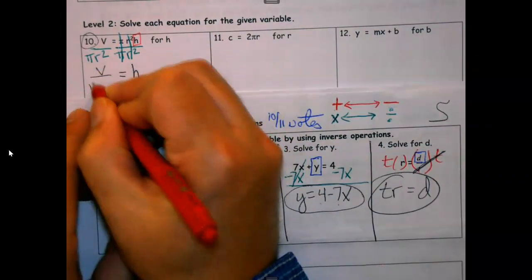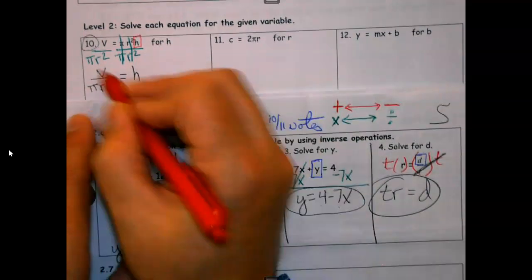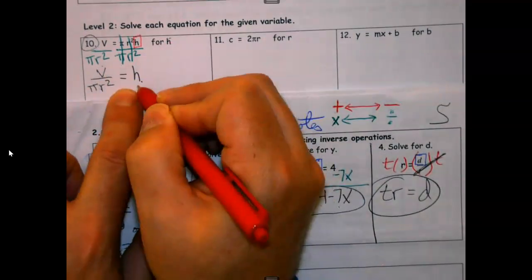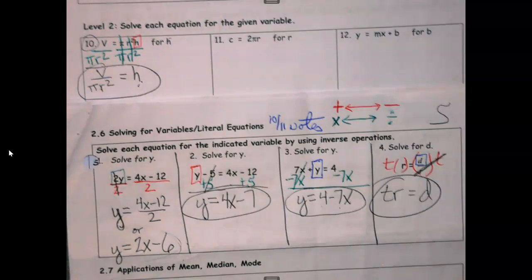And even though it looks like there's no way this could be done because there's all this stuff going on, still, the question is H alone? It is. Still only one step. And I'm done. That's what I've got to keep my focus on.